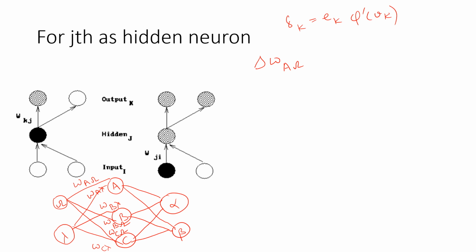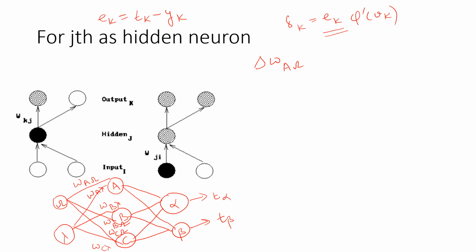So we can have the derivative of the weighted sum at the hidden layer as well, but we don't have this error term, because error ek is the target output minus the network output. Targets are available only at my output layer. So because we don't have a target at the hidden layer, we cannot calculate this error at the hidden layer.